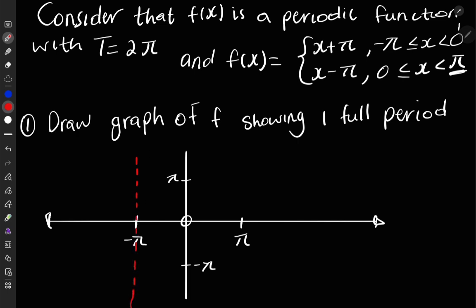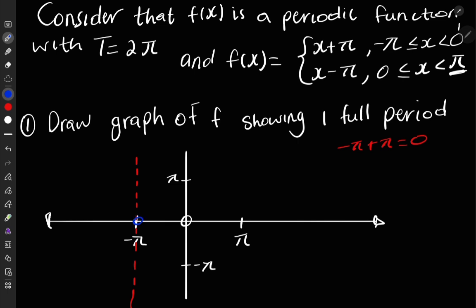You know your x value is negative pi. In order for you to know your y value, you must substitute it into the function. When you substitute negative pi, it's going to be negative pi plus pi, which equals 0, meaning the corresponding y value is 0, so it's that point there.